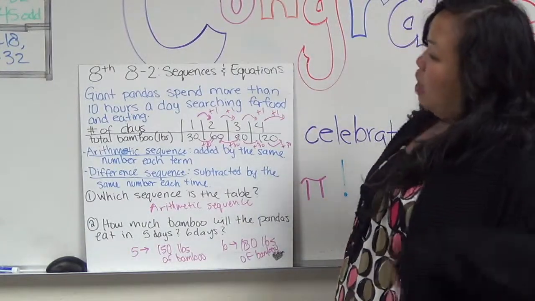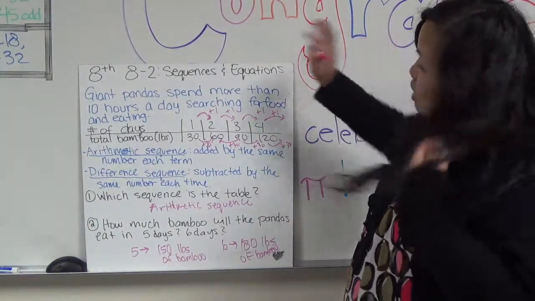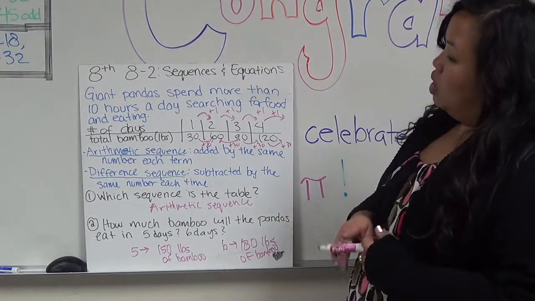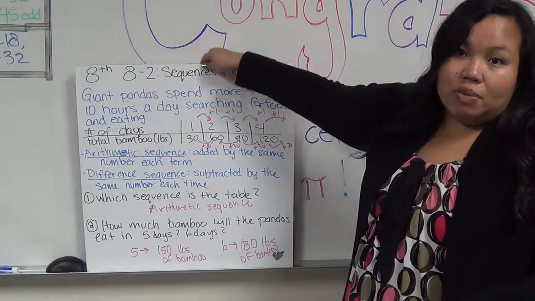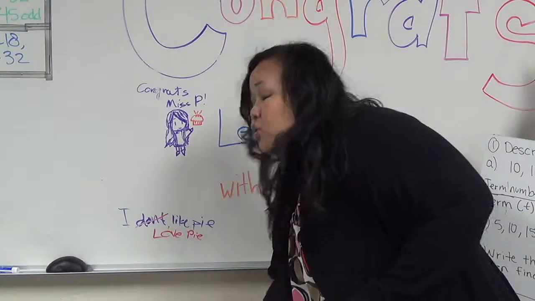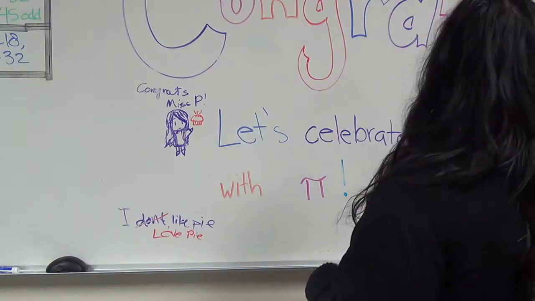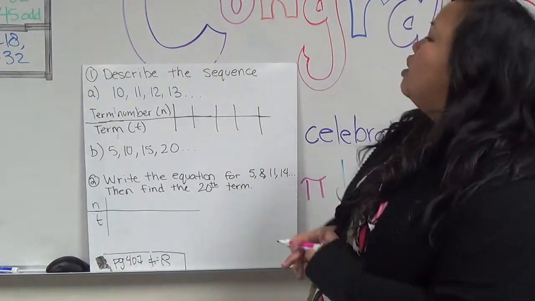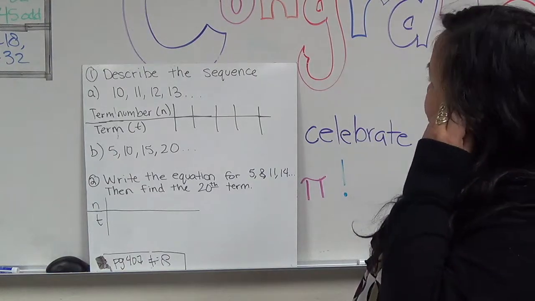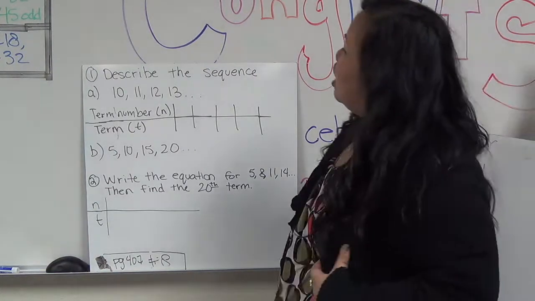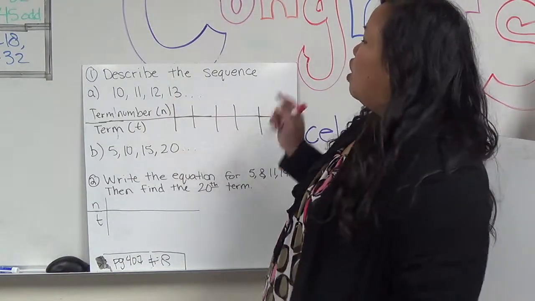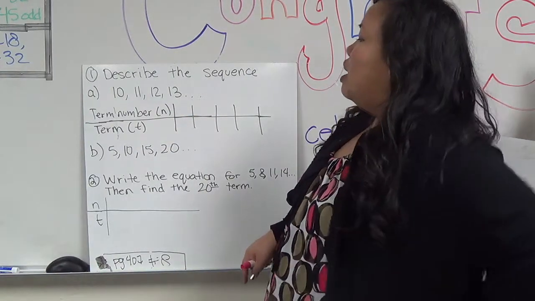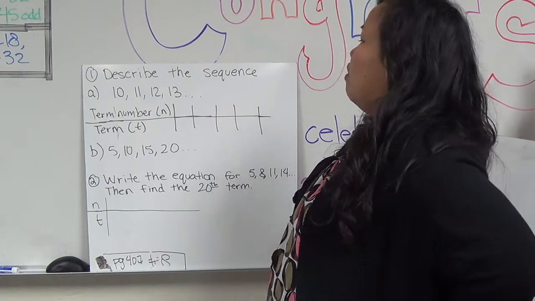Right? So I have another board for you, so go ahead and pause it and write this down. And then we'll go over the next concept before I let you work on your own. Okay, so this one's asking me to describe the sequence. I'm looking here and it says 10, 11, 12, 13. N is my term number and T is my actual term value.